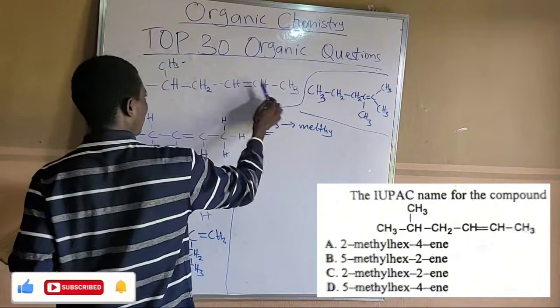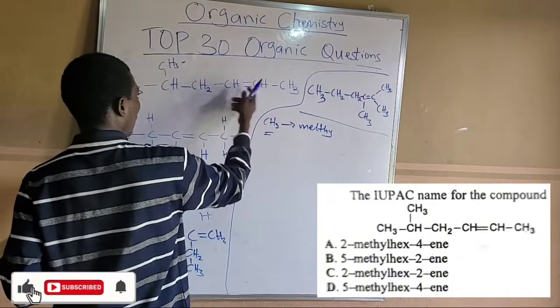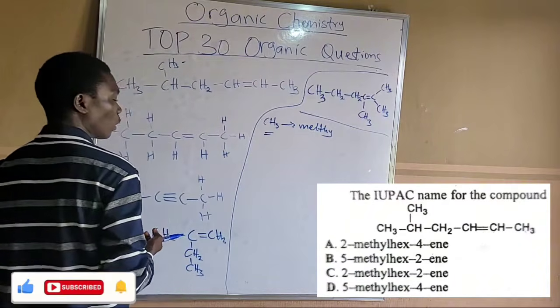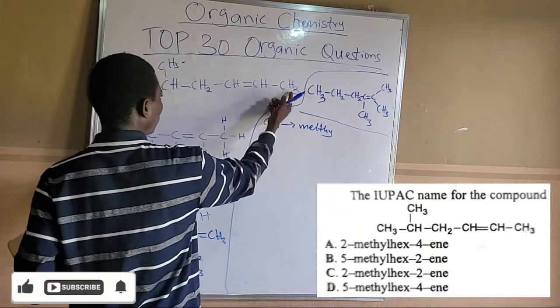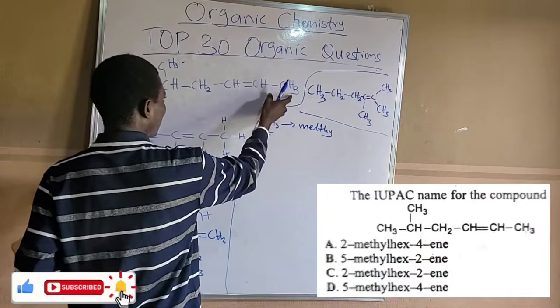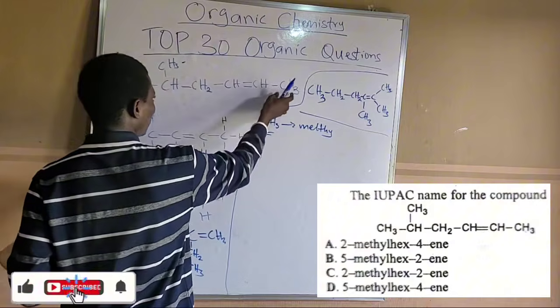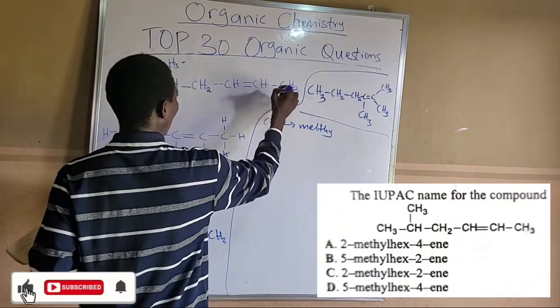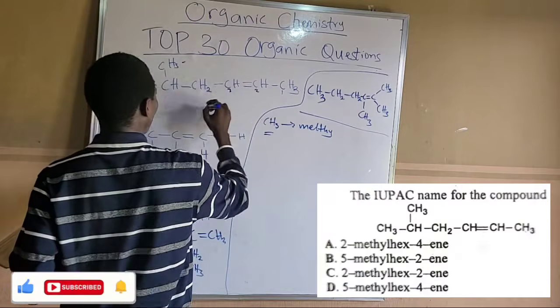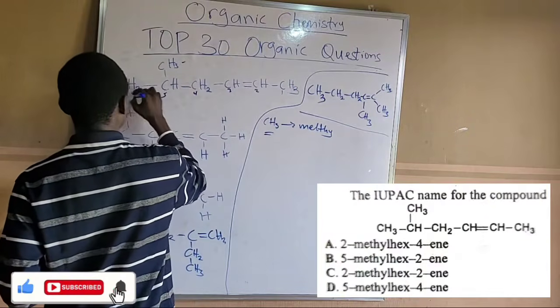But if I come like this, 1 2, just 2 carbons get to the double bond. Which one is faster? Coming like this. So we prioritize the shortest one, from here. So we number the carbons 1 2 3 4 5 6.